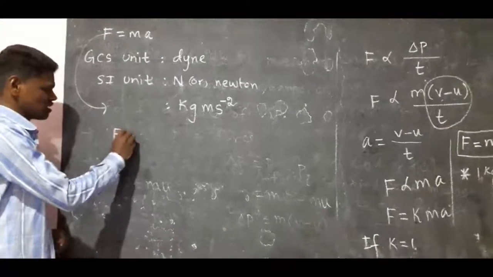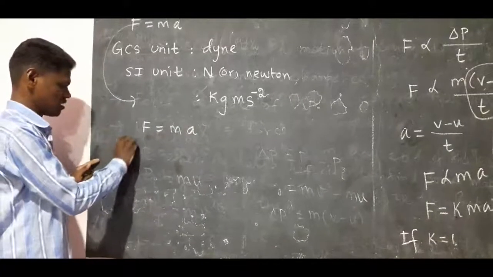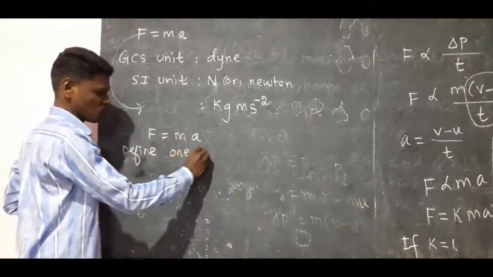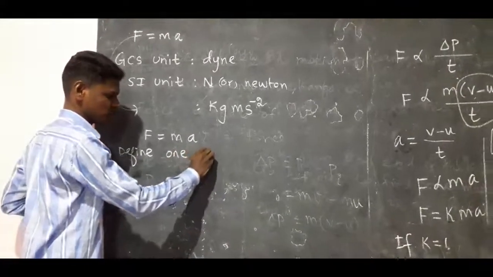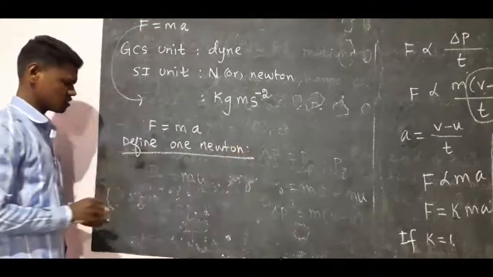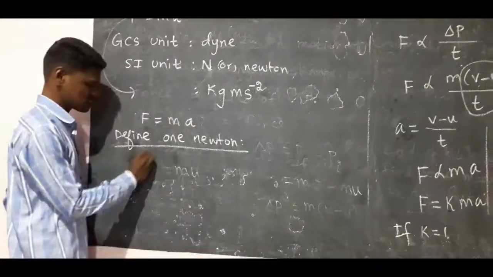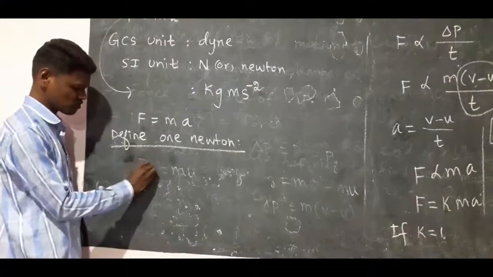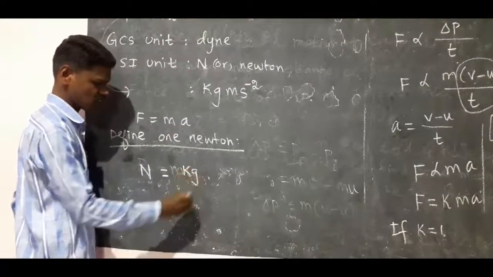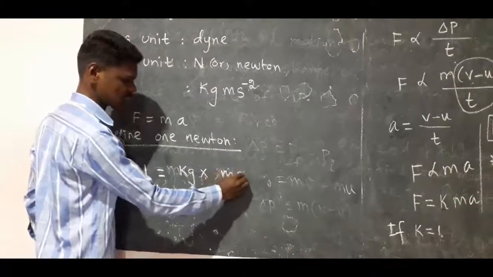And based on this, again we are going to define 1 Newton. Defining 1 Newton means: what is the unit of force? Newton. And what is the unit of mass? Kilogram. And what is the unit of acceleration? Meter second minus 2.